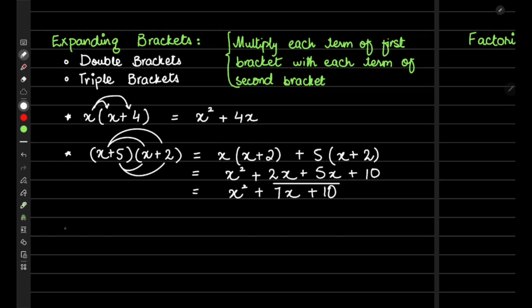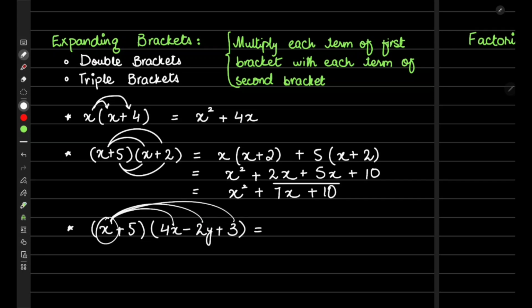Now let's take another example for the double bracket, where we could have one bracket with 2 terms and another bracket with more than 2 terms. Let's say 3 terms, 4x minus 2y plus 3. In this case, first you will take x and multiply it with each term of the second bracket.